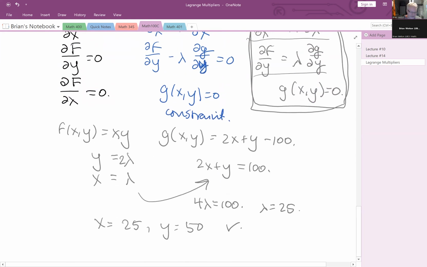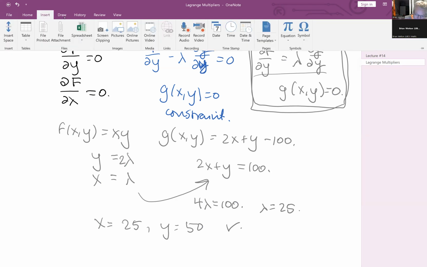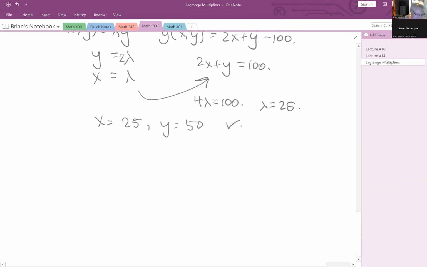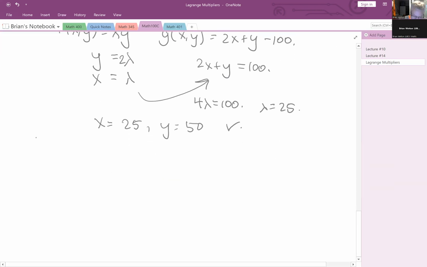The other thing is this lambda has a meaning, and it comes up as being a kind of significant thing in economics problems. I'm just going to show you what it ends up being in this particular case. So I'll say that lambda has meaning, and I'll show you.